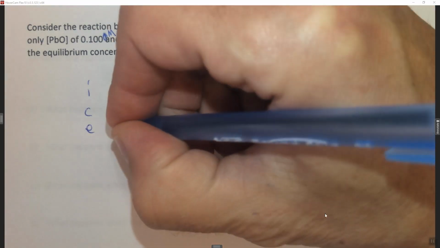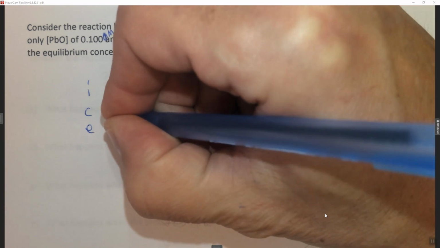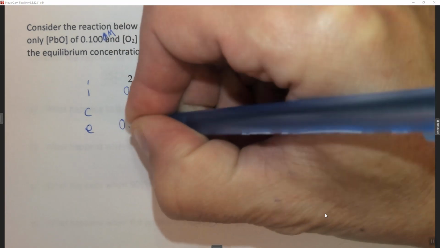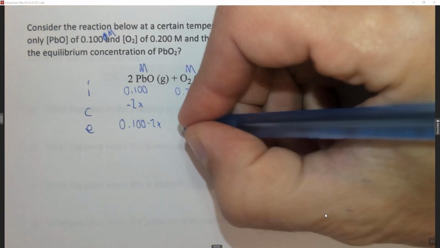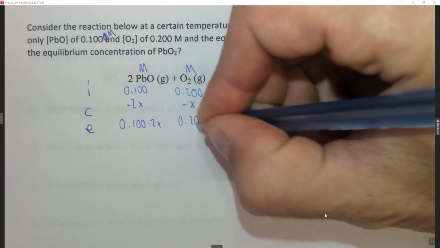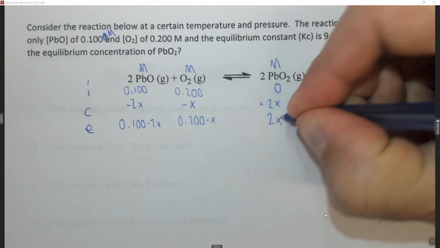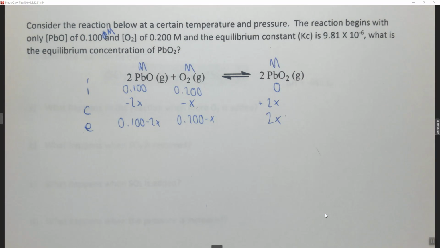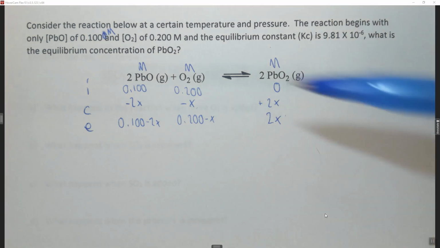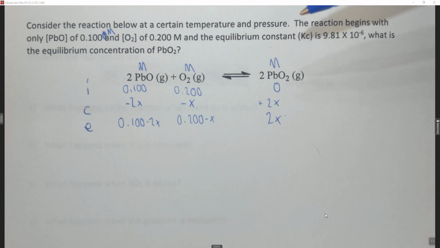So at equilibrium, the concentration of PbO is going to be 0.100 minus 2x. The concentration of O2 is going to be 0.200 minus x, and the concentration of PbO2 is going to be 2x. Now we have all of the things that we need in order to set up the Kc expression.